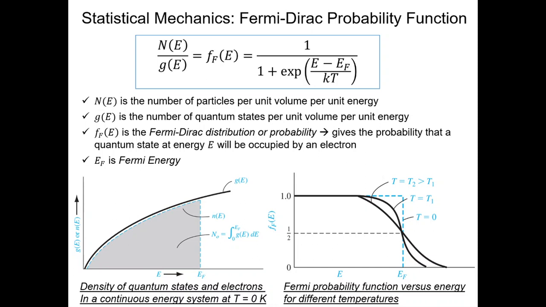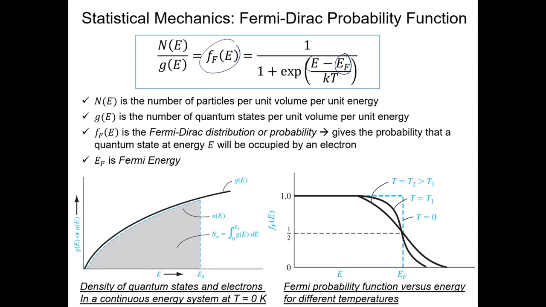The function which explains that is called the Fermi-Dirac probability function, which is 1 over 1 plus exponential of (E minus EF) divided by KT, where EF is the Fermi energy level, the Fermi energy. I'll explain that a little later.